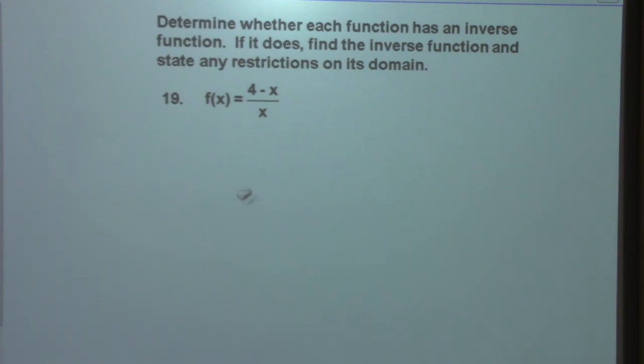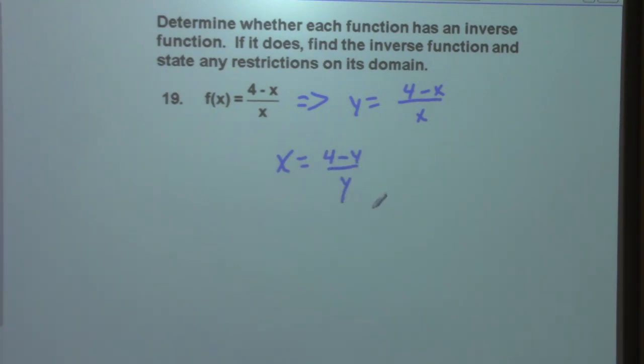And so 19. Does 19 pass or fail? It should pass. And then to work this out, we would have y equals 4 minus x over x. And so we would change this to x equals 4 minus y over y.